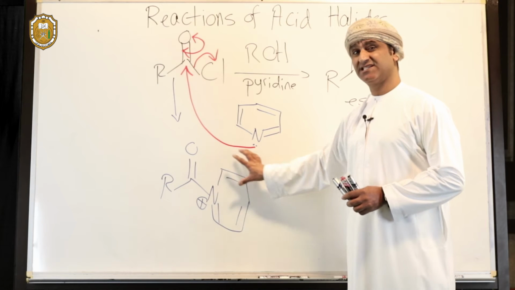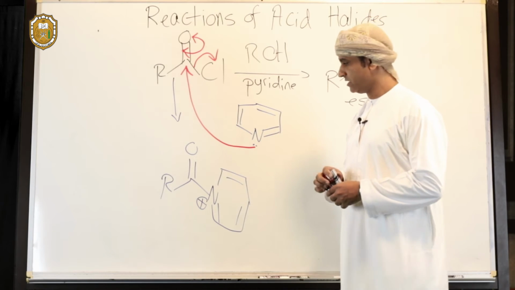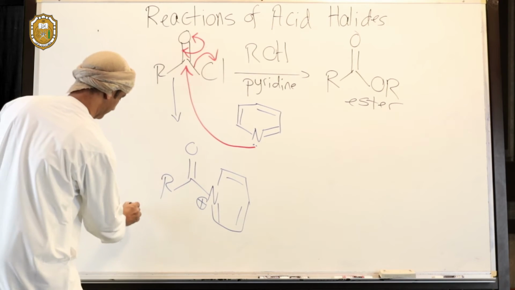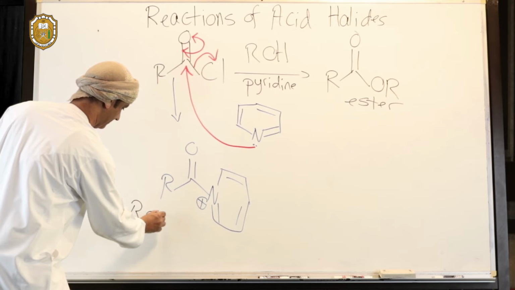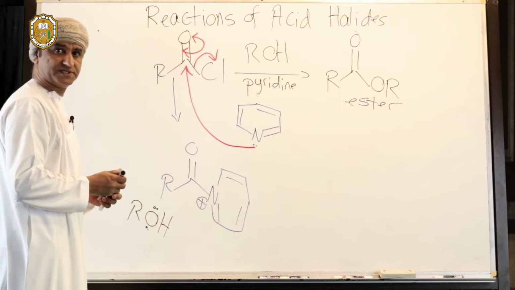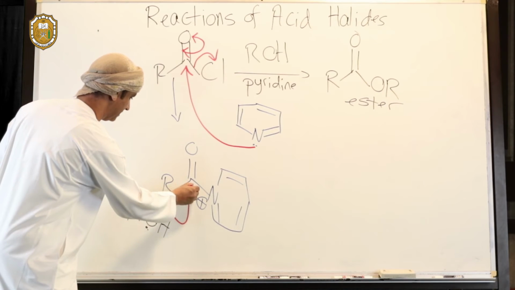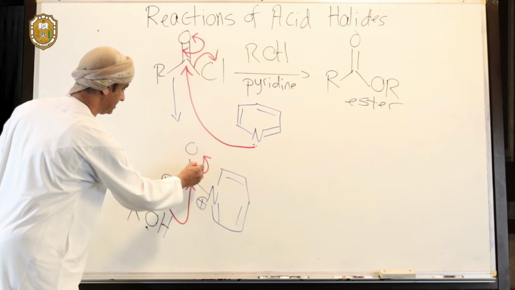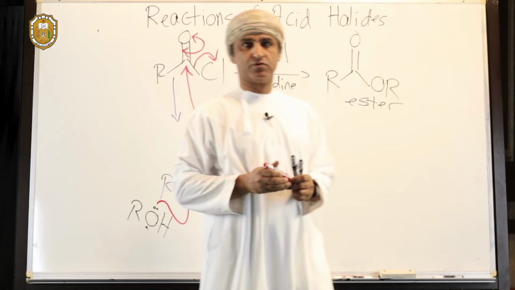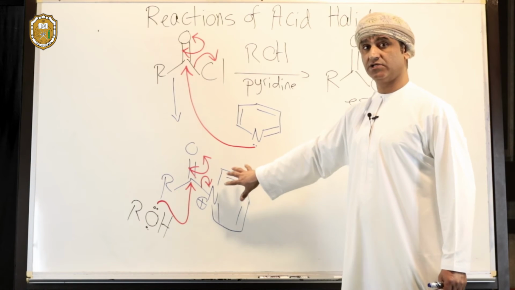Now, this acts as an excellent leaving group, and it is because nitrogen has a positive charge. So the alcohol will now come in and do a nucleophilic acyl substitution. It attacks the carbon of the carbonyl group. The carbon-oxygen double bond is broken. It's reformed with the departure of pyridine.